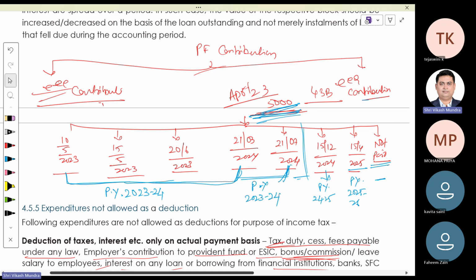This rule, that is section 43B, is applicable in case of taxes, duties, sales, etc., which should not be income tax.